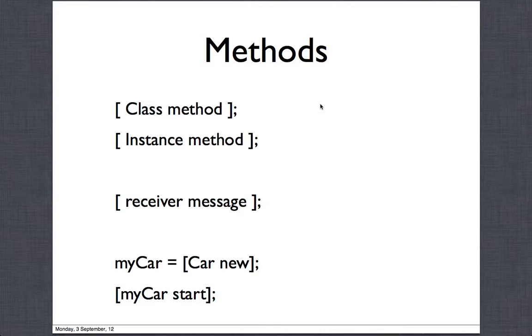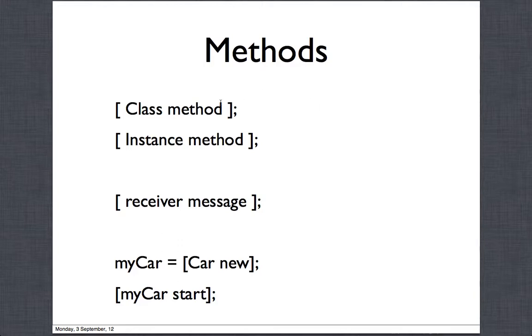So let's say we declare the method and now we want to call it. You can still say we're calling a method, but the idea there is you are messaging something. You're actually invoking a method by the end of the day, but the way you invoke a method is you send a message to some instance or to some class.